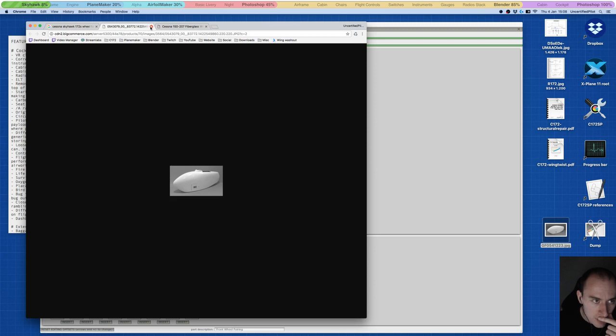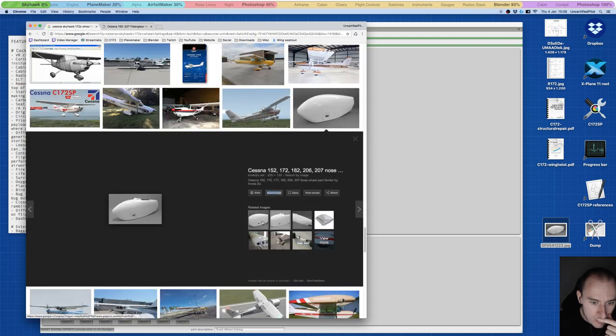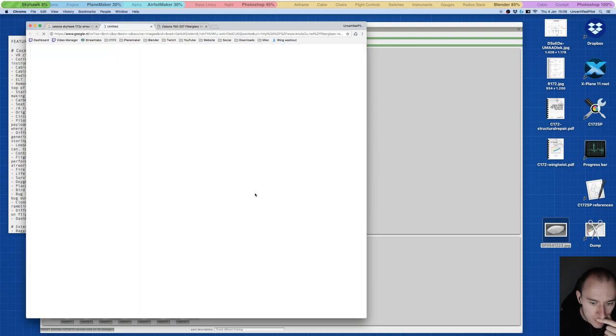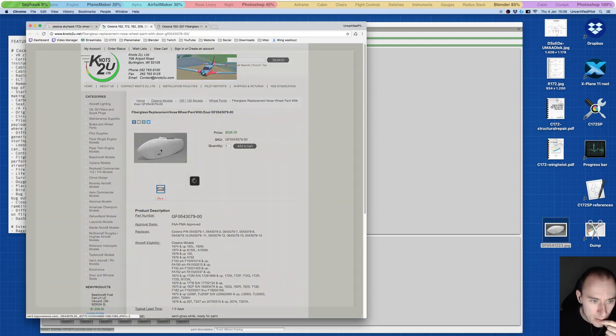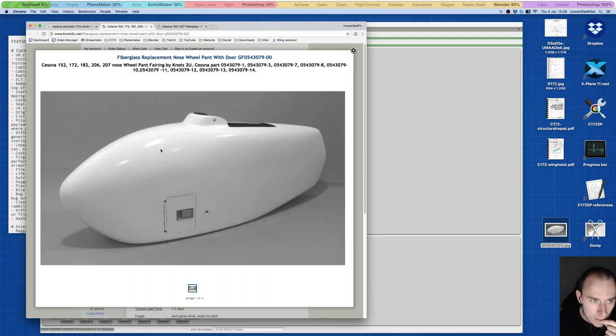Why is this a smaller picture? Because it's an entirely different site. 172S. Ah, thank you. And let's put that thing there.